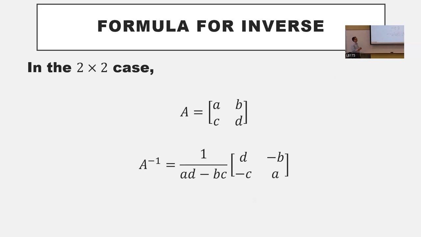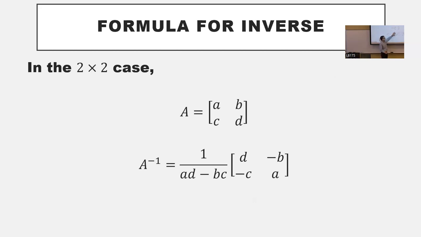Okay. Just so you know, the formula in the 2x2 case is that if A looks like the matrix A, B, C, D, then the inverse is 1 over this number AD minus BC.